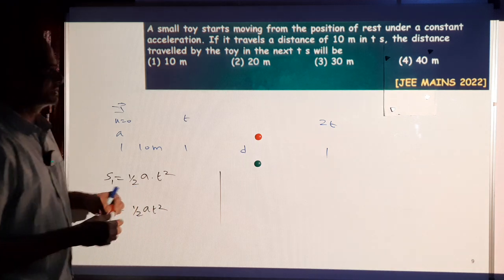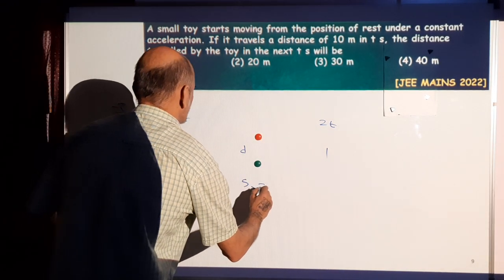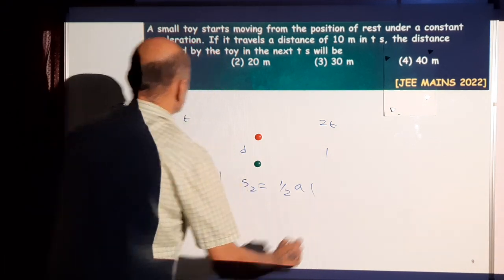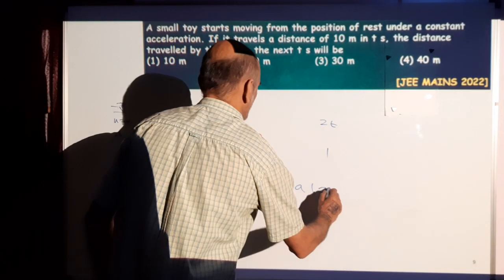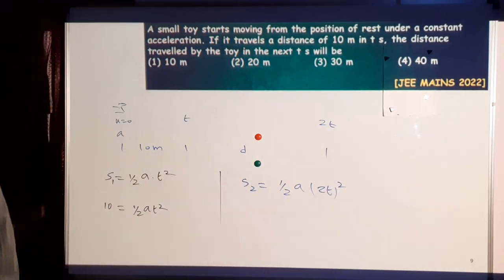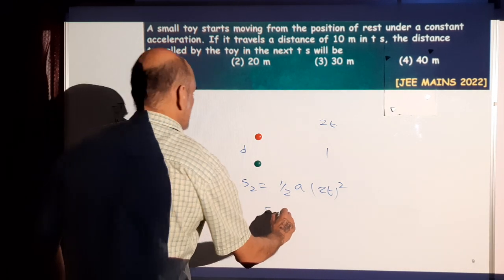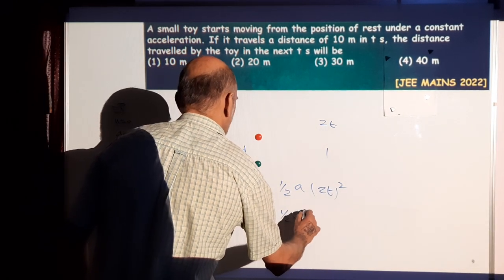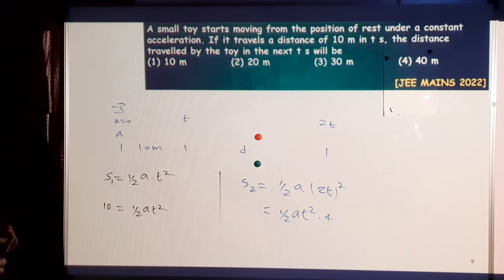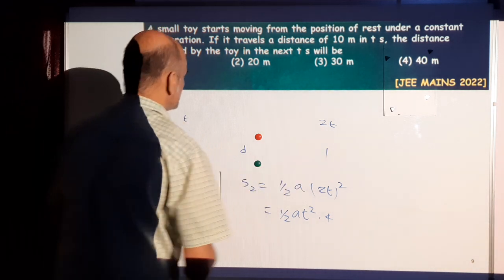And the second displacement from here to here, S2 equal to u is 0 plus half a, and then time is 2t between these 2 points, so 2t square. That is half a t square into 4 times. So we need the distance traveled in the next t seconds, this distance d.